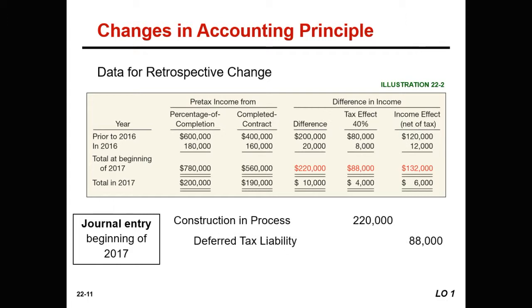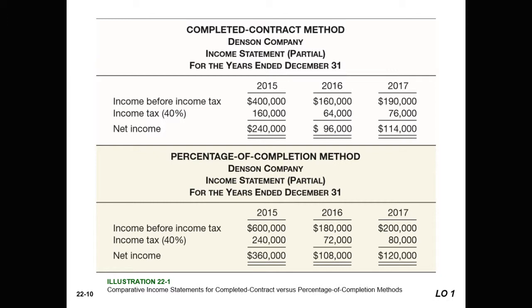We would have an $88,000 deferred tax liability, and then an income effect net of tax posting to our retained earnings of $132,000. This is for the differences that had occurred. So if we look at the total at the beginning of 2017, that is going to tie back to these totals.